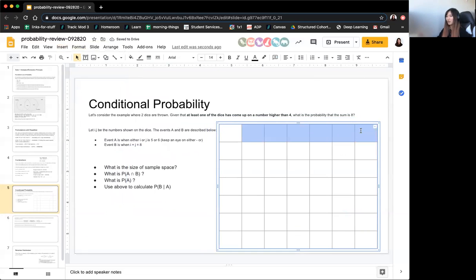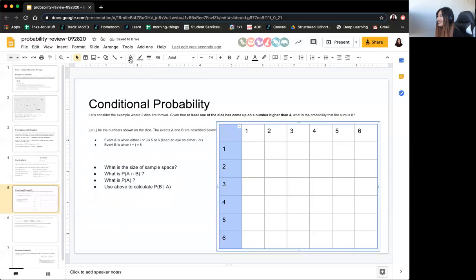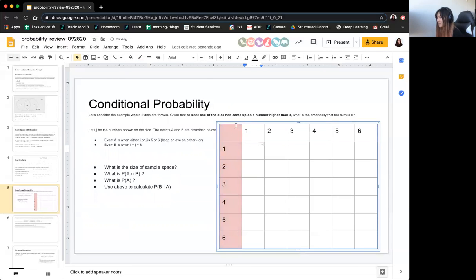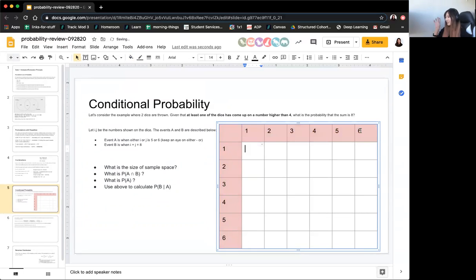I'm going to have rows representing one dice, columns representing another dice. So the outcomes of one dice from 1 through 6, and here, 1 through 6 as well. Let me just color it in so it looks nice. Each of these cells represents an outcome.